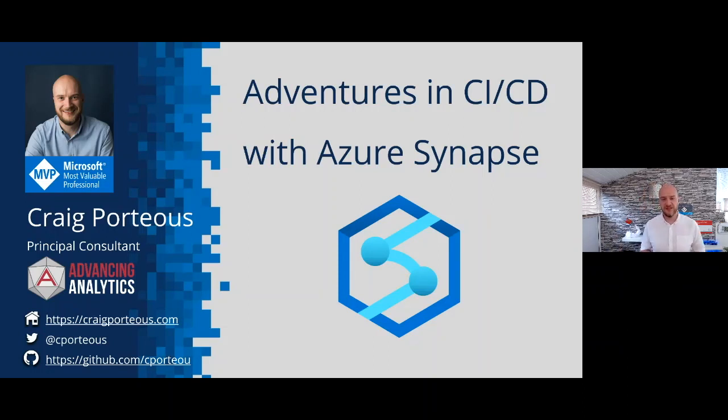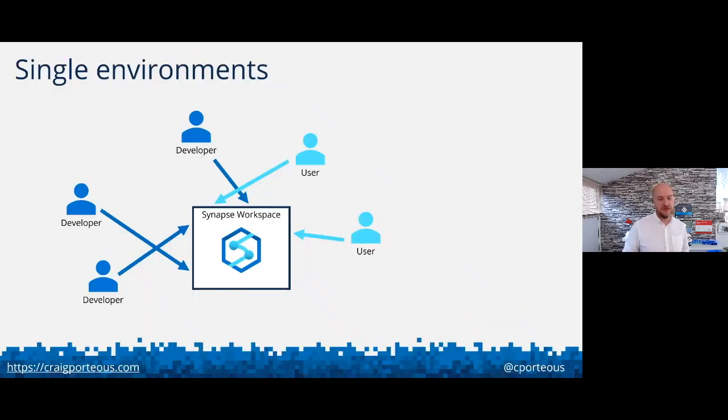So to get started, how do you normally develop within Azure Synapse? That's probably the first question that leads you on to CICD and how you promote code within Azure Synapse. Is it a single environment that you're using, where you potentially have developers coming in using the same space, potentially using the same data sets and scripts as users are consuming?